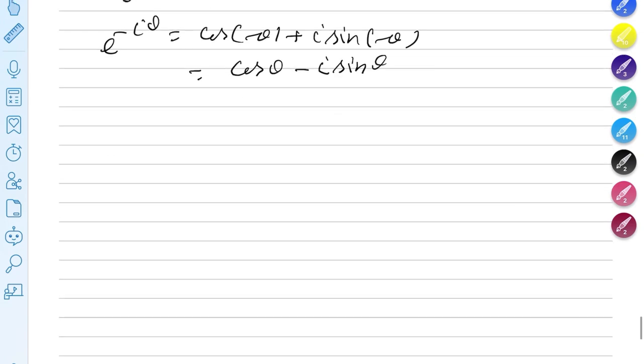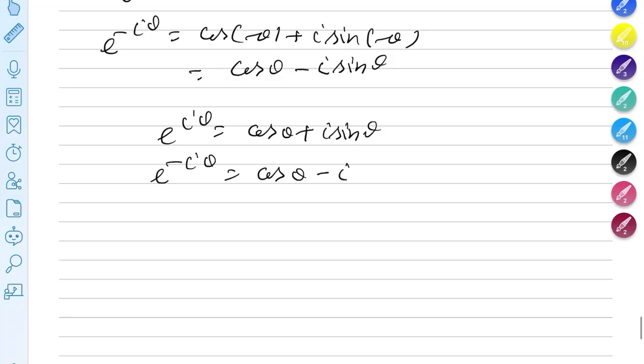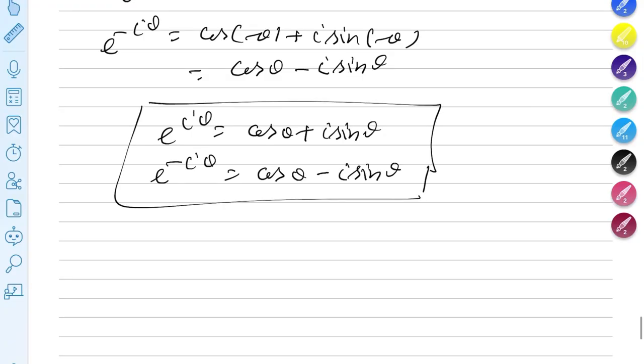So we have two things: e to the power i theta is cos theta plus i sin theta, and e to the power minus i theta is cos theta minus i sin theta. This conversion of Euler form into trigonometric form is a powerful tool to solve trigonometric identities, which we'll see in a while.